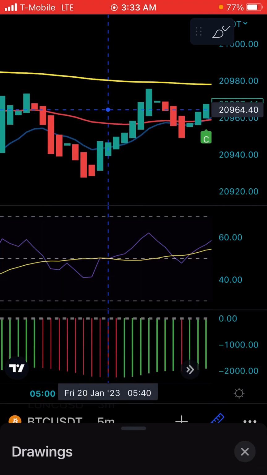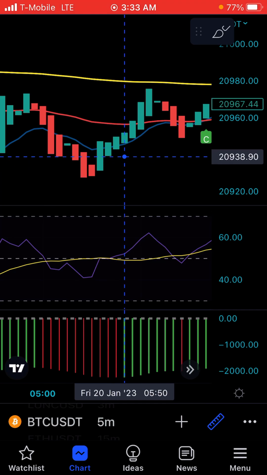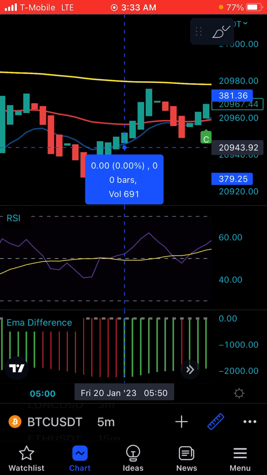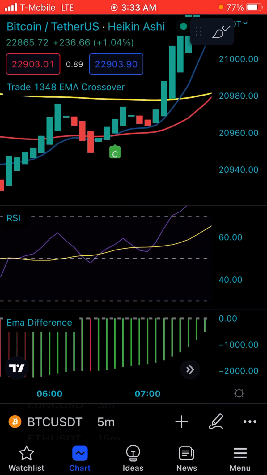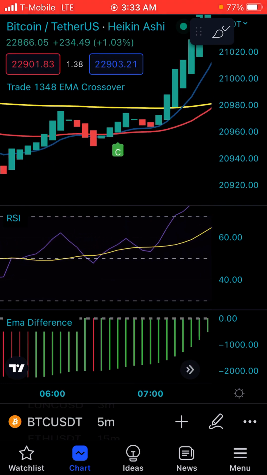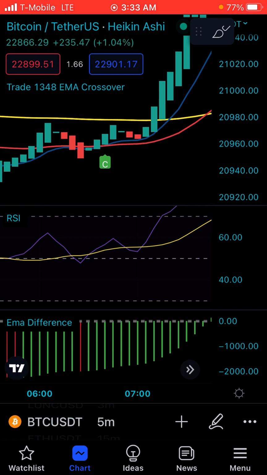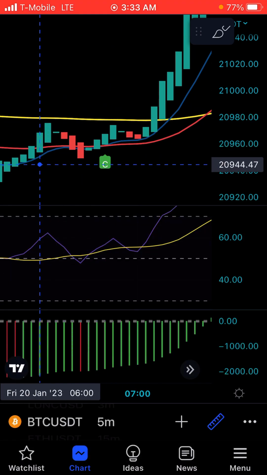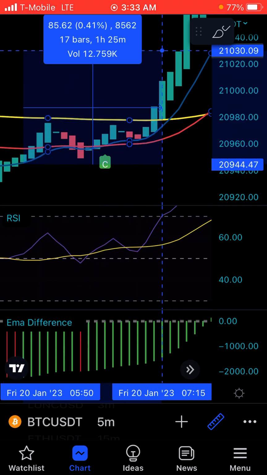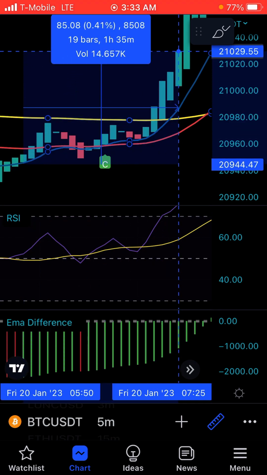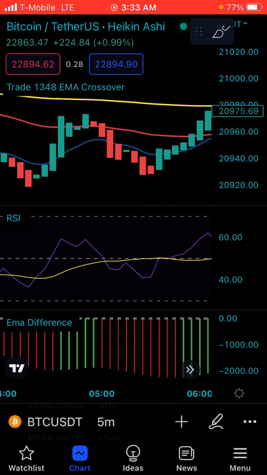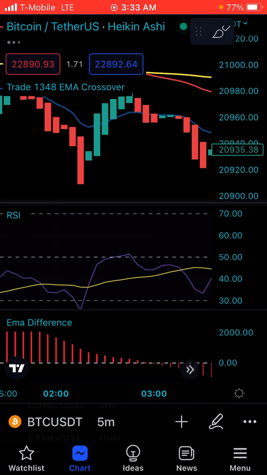So we see a red and it's going into a green, so we can get in right here. It's before the cross of the 1348. So you could get this moment here. Get it right here and all the way here to the top. You get some gains there. You got to look for a red going into a green.